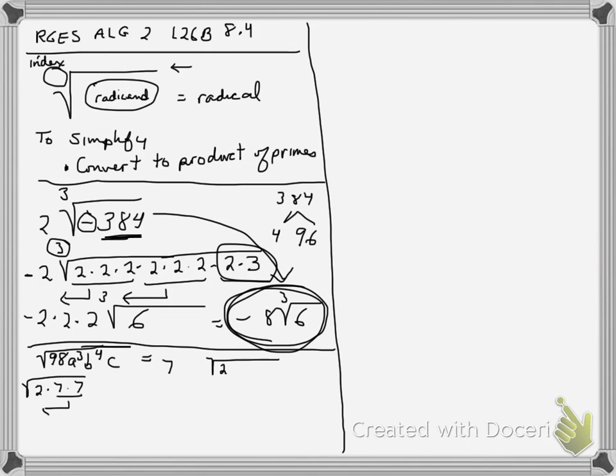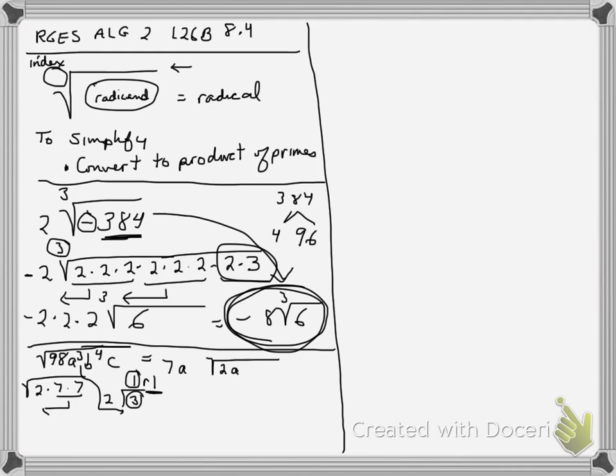When I look at my a's, I'm looking for every pair because my index is 2. So I'm going to take one a out. I'm saying a to the third power, divided by 2, gives me 1 remainder 1. So my a goes forward and my a stays under.